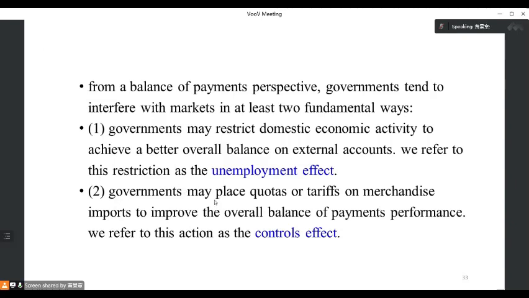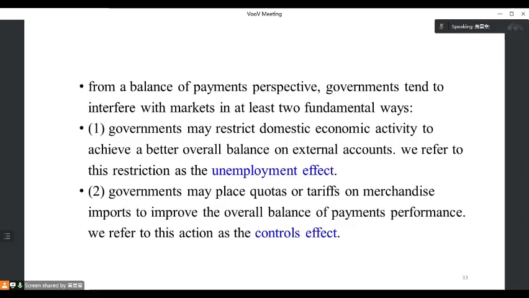Two, governments may place quotas or tariffs on merchandise imports to improve the overall balance of payments performance. We refer to this action as the control effects.